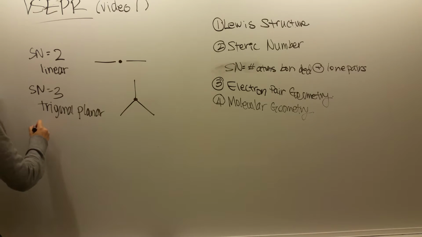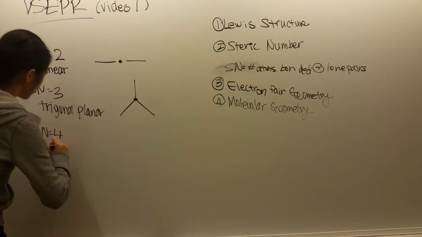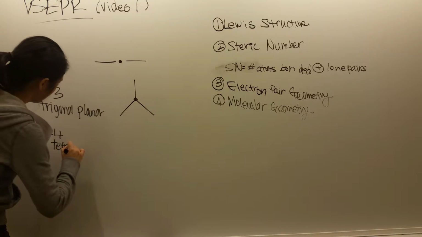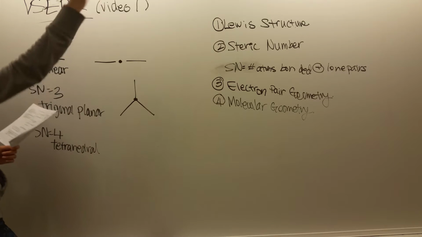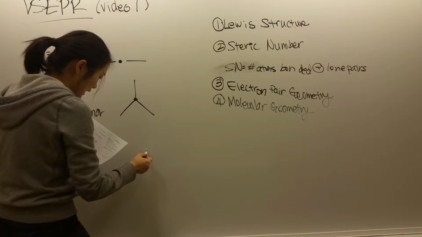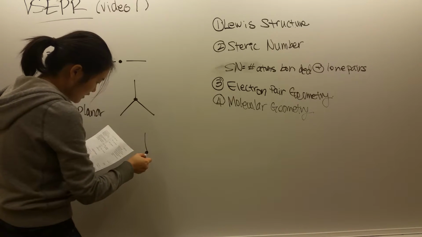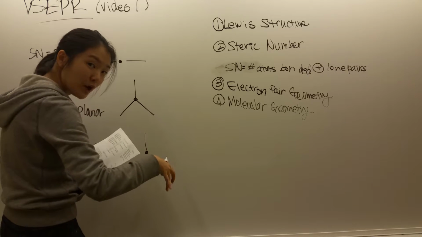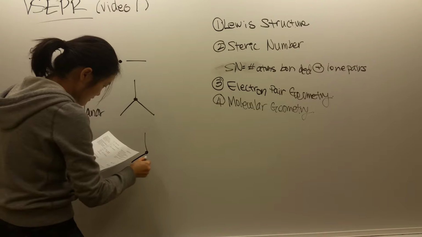And then steric number 4, that's tetrahedral. Tetrahedral looks something like this, where you have the central atom, electron density here, and then kind of like a tripod.